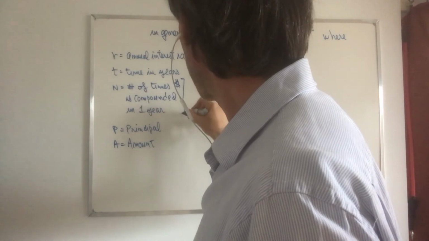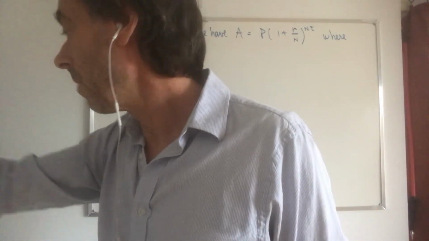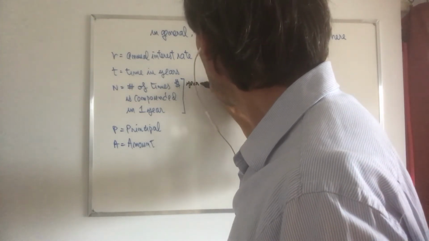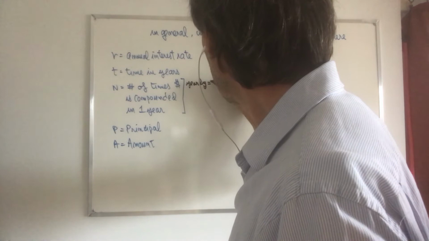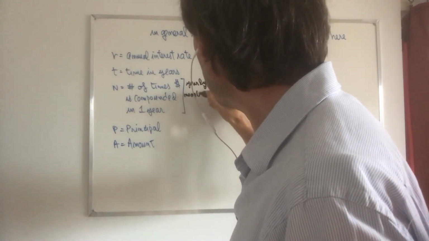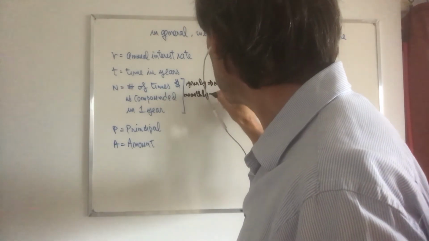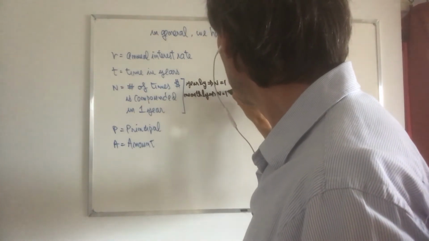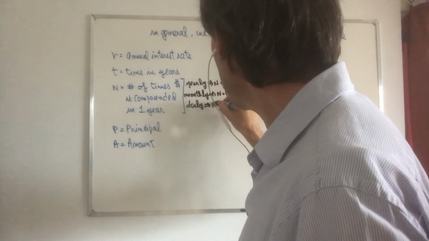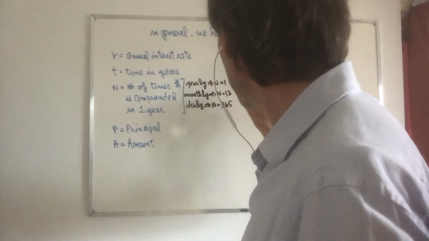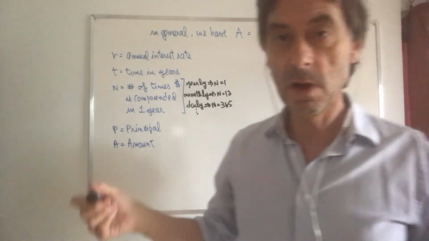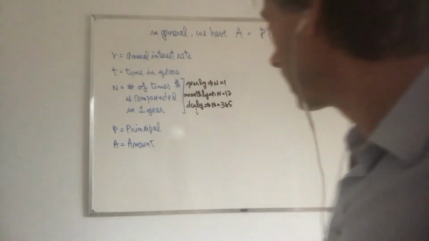About N: if money is compounded yearly, then N is 1. If money is compounded monthly, then how many months in a year? 12. If money is compounded daily, how many days in a year? 365, and so on and so forth. There are obviously a lot of ways to compound your money within 1 year.